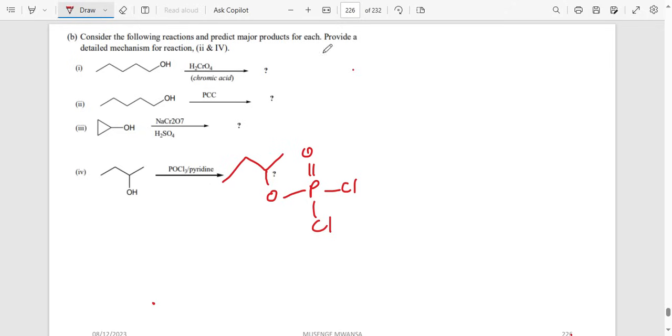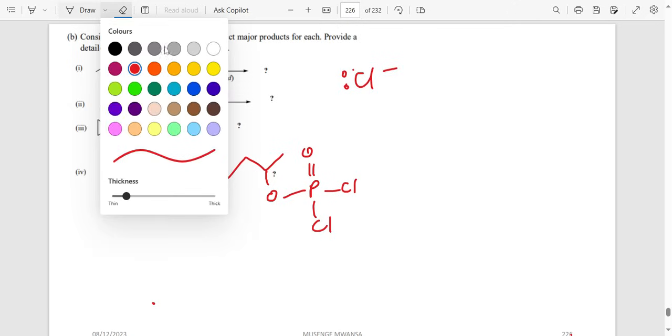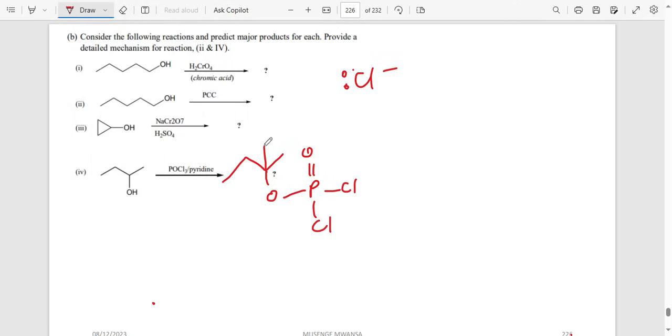So the next thing that comes in, remember in the first process we had released chlorine. Normally chlorine was supposed to come and attack here to be able to expel this group, or it could have come to grab a hydrogen at this point to still expel this big group, but here instead we'll use it to form a double bond.